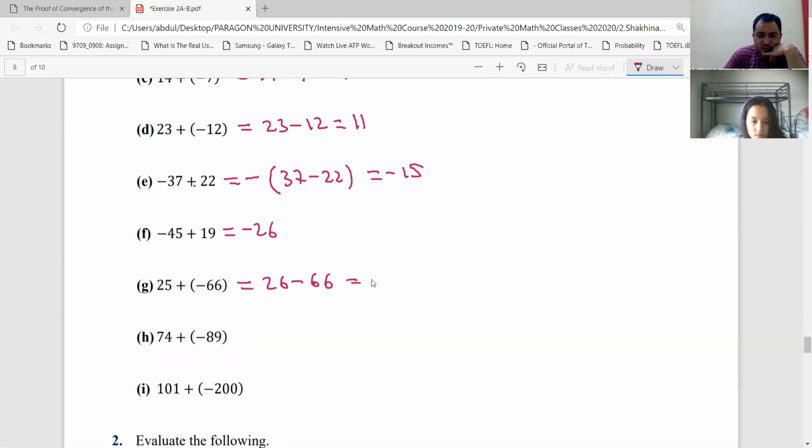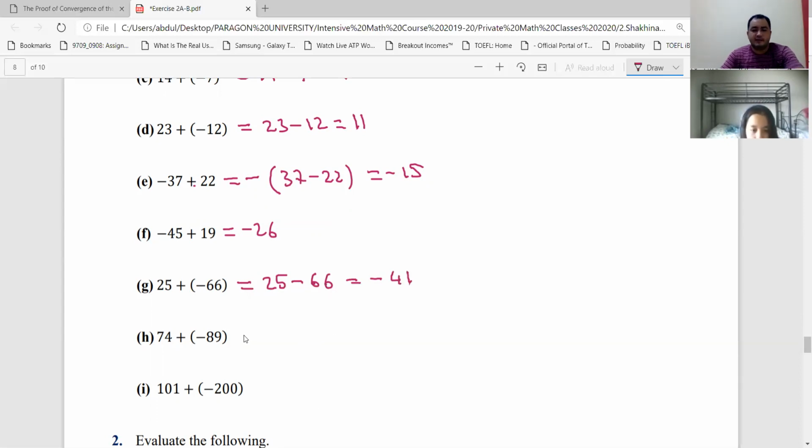This one is greater, it will be minus. 66 minus 25 is 41. I'm sorry, I thought it was 26. So it's 25, and the answer is negative 41.